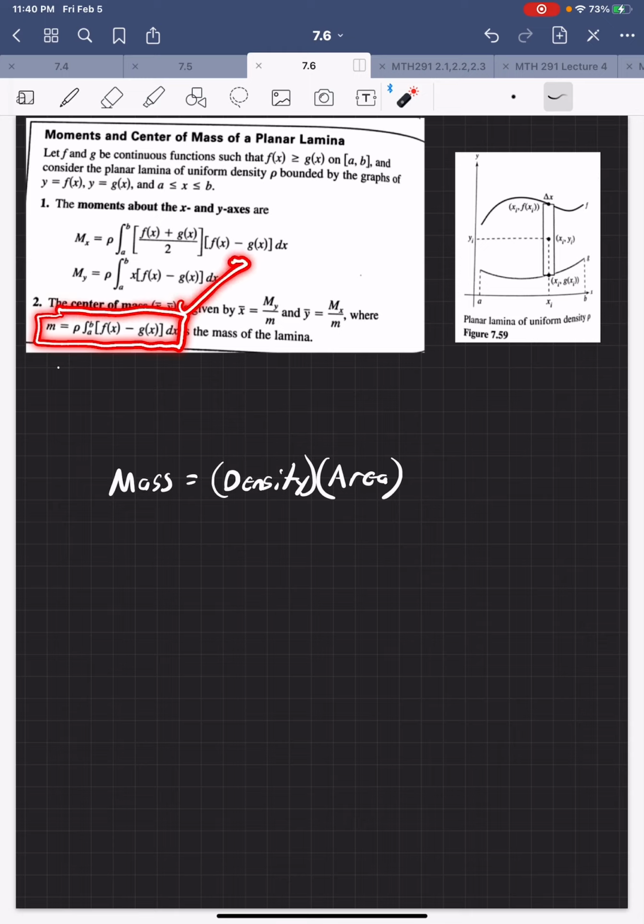So if you're dealing with these planar laminas and you want to find the total mass of that system, it appears that we're going to be integrating, right, over some interval of f of x minus g of x with respect to x.